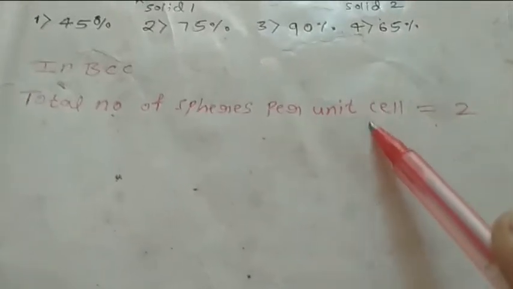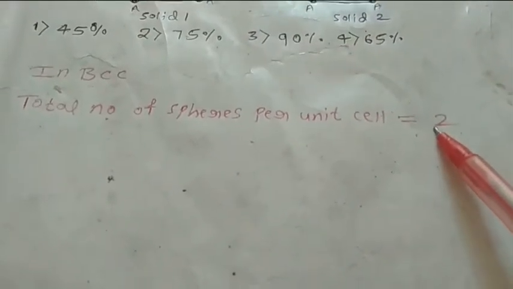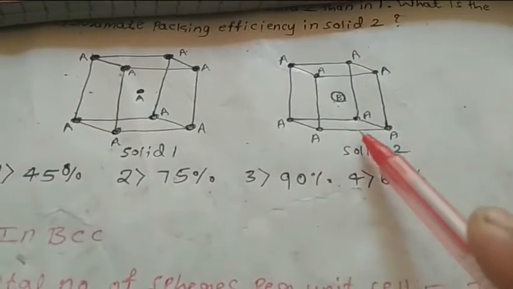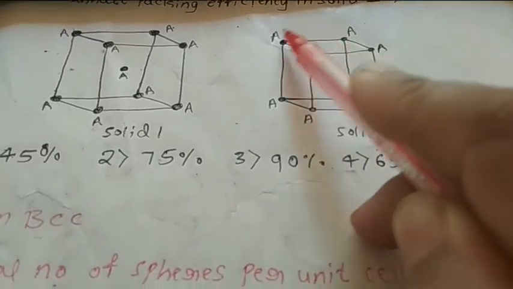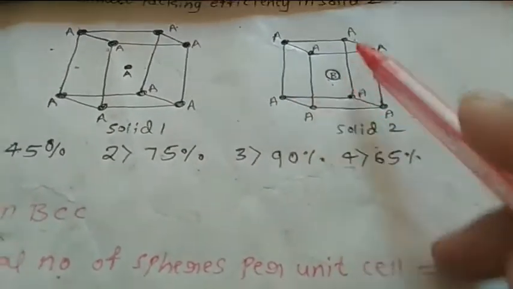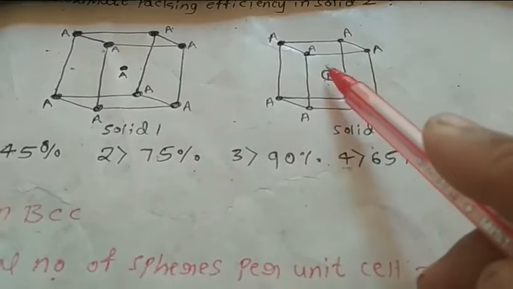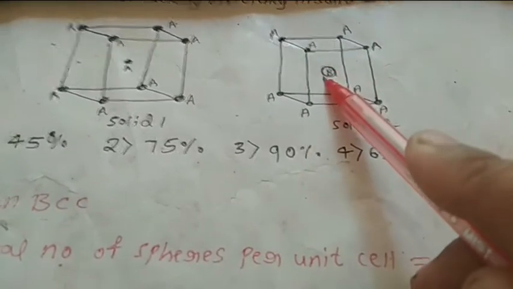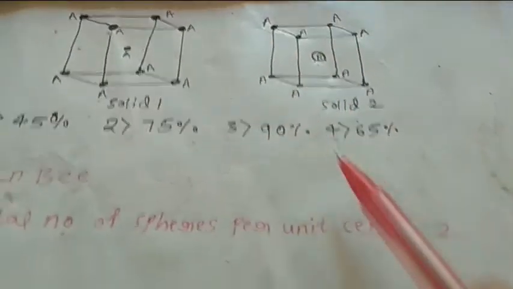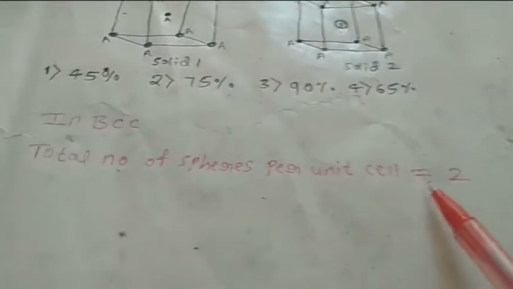In BCC, the total number of spheres present per unit cell is 2. One sphere is due to the contribution of all the spheres at the corners, and one more sphere is present in the center of the body. So the total number of spheres present per unit cell is 2.